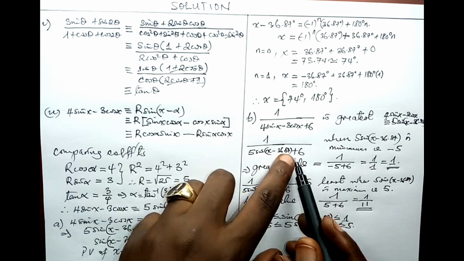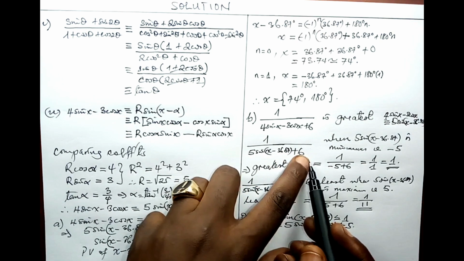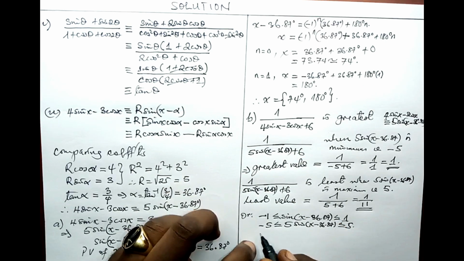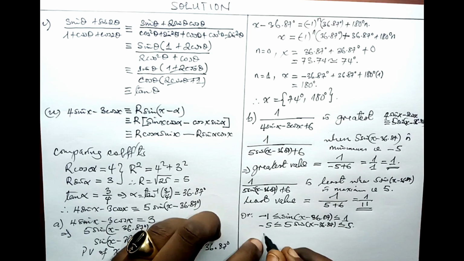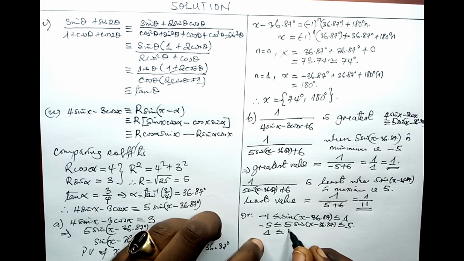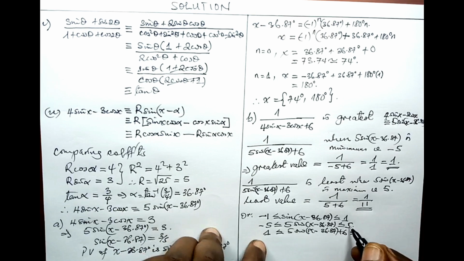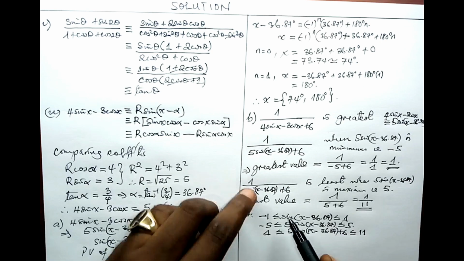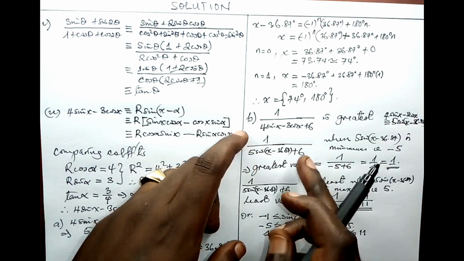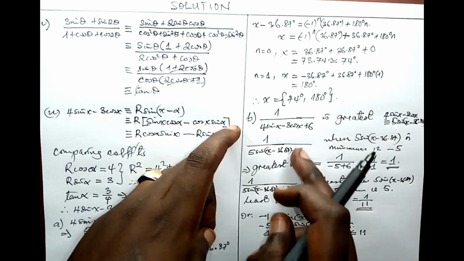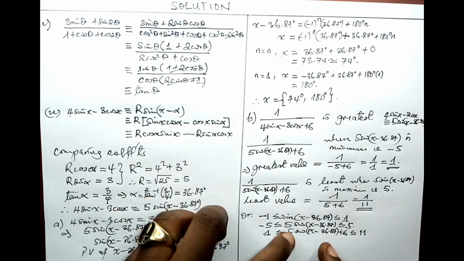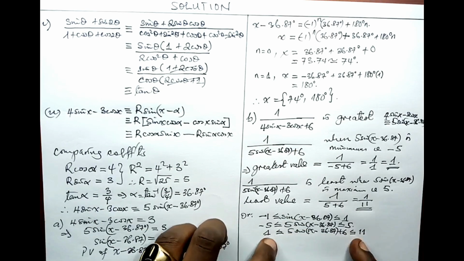And in that expression, they have added 6. So I start building up by adding 6 on both sides. Negative 5 plus 6 will give me 1 less than or equal to 5 sine x minus 36.87 plus 6, less than or equal to, adding 6 to that 5, 11. Now the expression is inverted, so I have to work until I get this whole expression in the middle of my inequality.